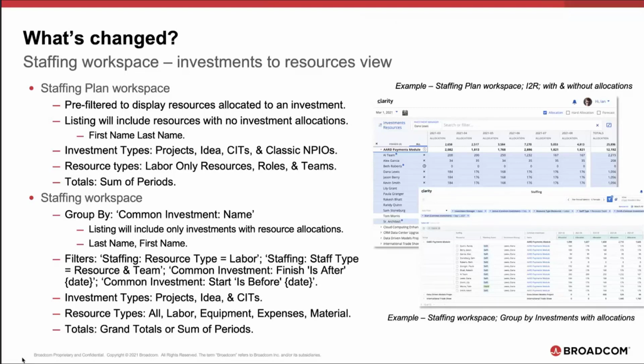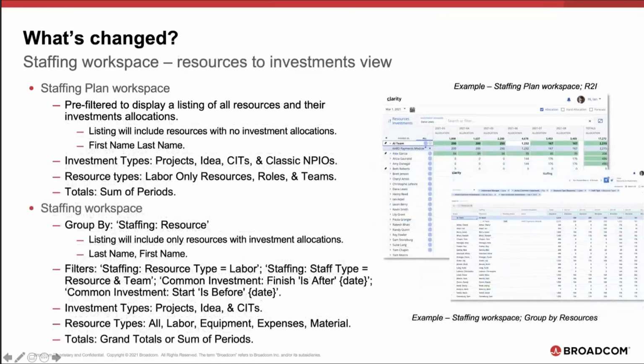And then without any other filters applied, that listing would include projects, ideas, and custom investment types. And you can alter that in investment types that you want to view. And then depending on your scenario, you can choose grand totals or sum of periods. The point here is that you can emulate that investment to resources view in the new workspace.